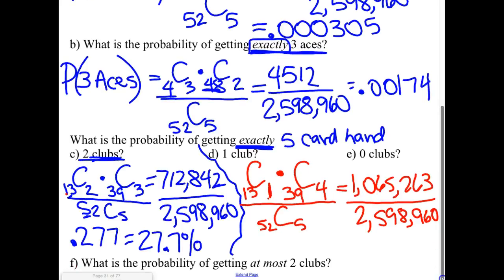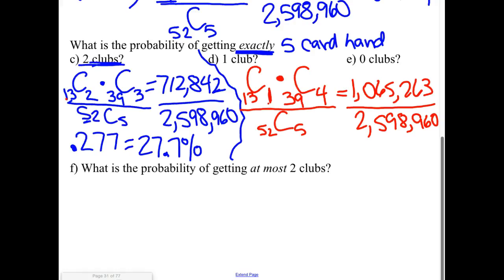Now this time, when we divide this, we're going to have a better probability. When we divide these, we're going to get 0.411, which is the same as 41.1%. So we have a better probability of getting exactly 1 club.